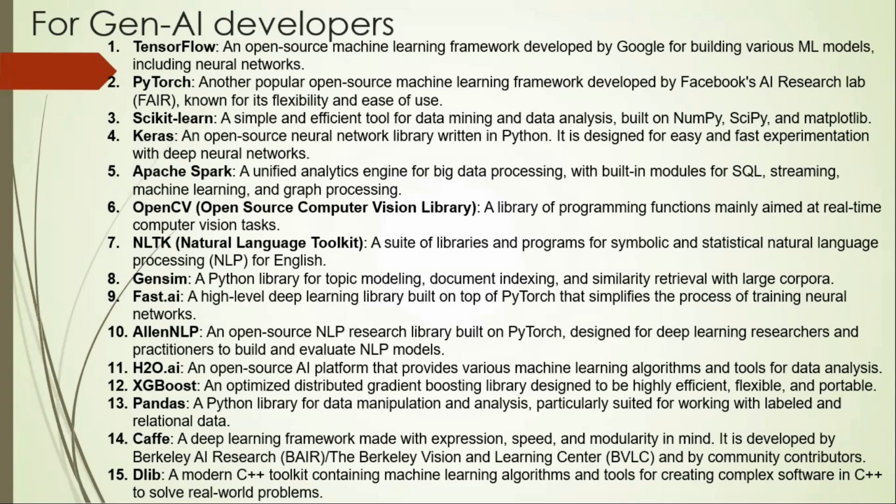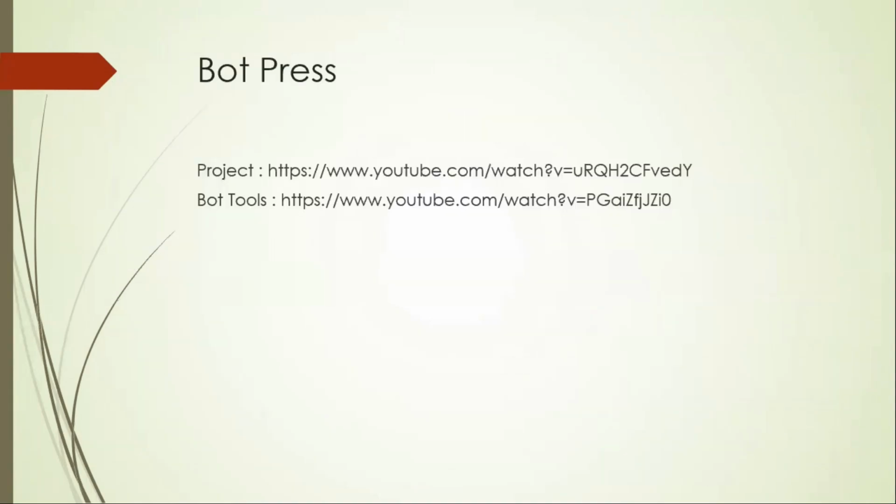Then OpenCV, NLTK, Gensim, Fast AI, AllenNLP, H2O AI. All these products are there. Pandas is also part of Python. All these tools are available for developers, and you can use this toolkit to develop your own AI product or model.